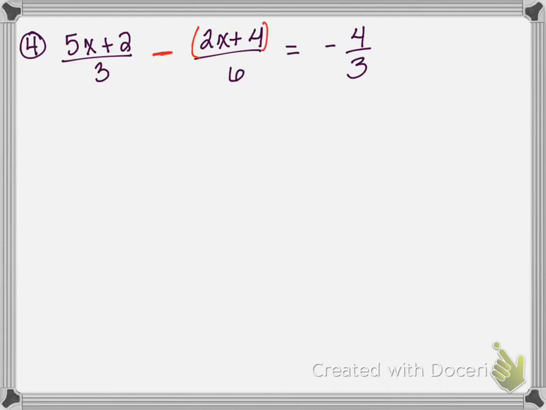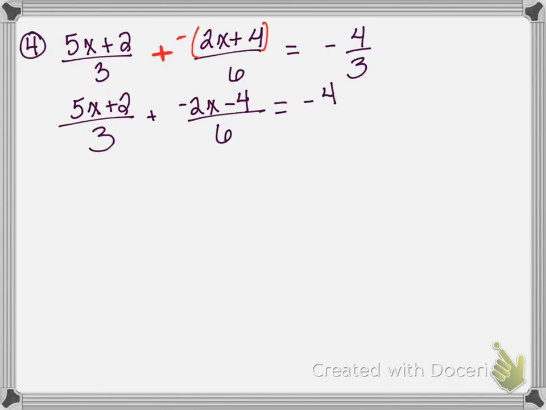I go ahead and change that to a plus, and then I'm going to distribute my negative across there. Once I do that, I will have dealt with that negative and I don't have to worry about losing it. So I have 5x plus 2 over 3 plus negative 2x minus 4 over 6. If students made a mistake on this, it typically had something to do with that negative and not dealing with it.